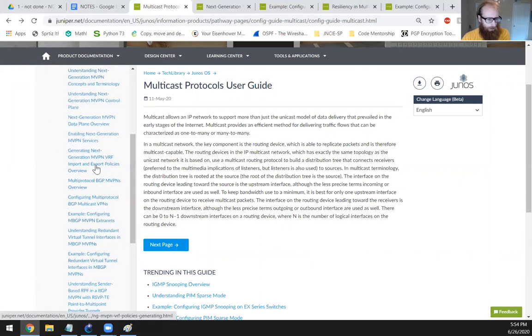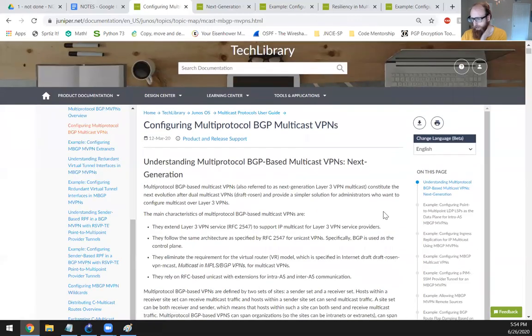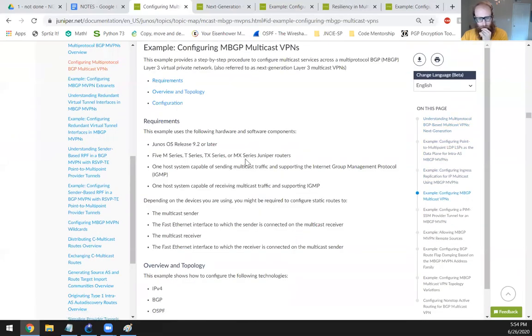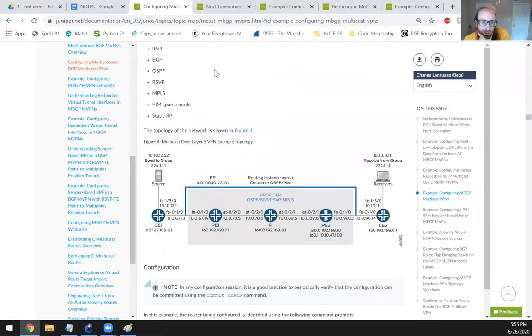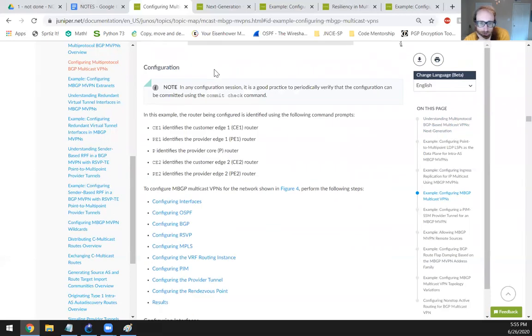So I'm going to need to go to here and then to here. Now, is this even next generation or is it draft Rosen? Because if it's draft Rosen, I don't want to do this one. Okay, and it does not say which one it is.